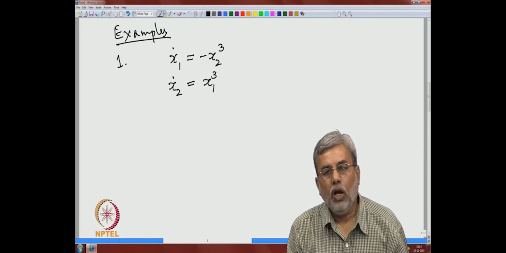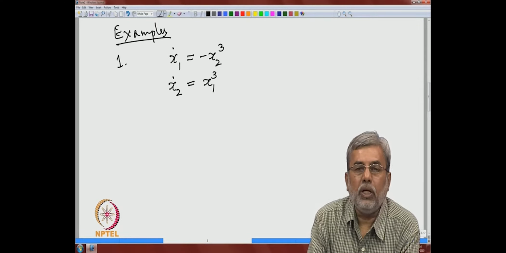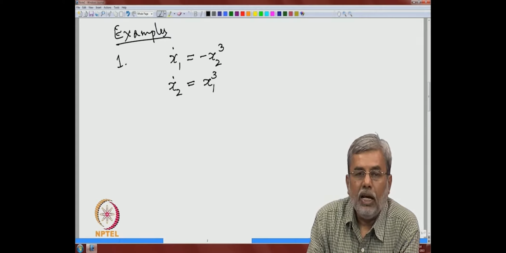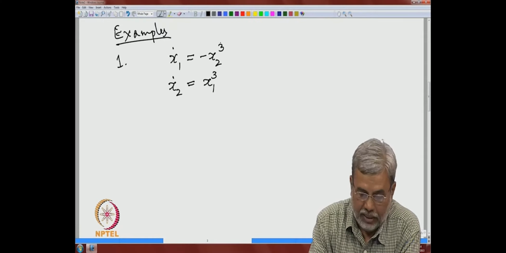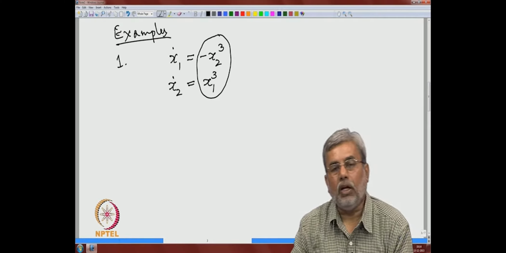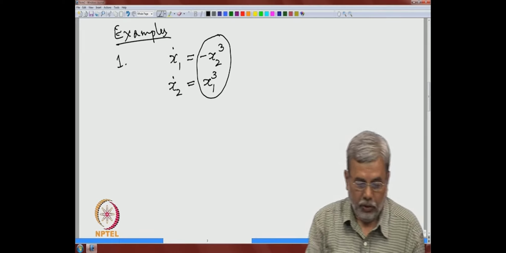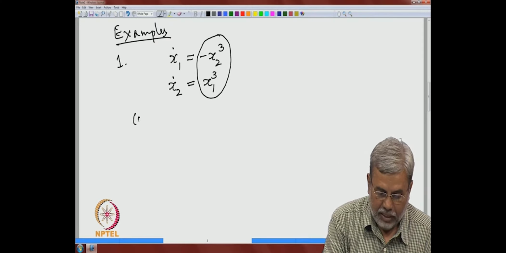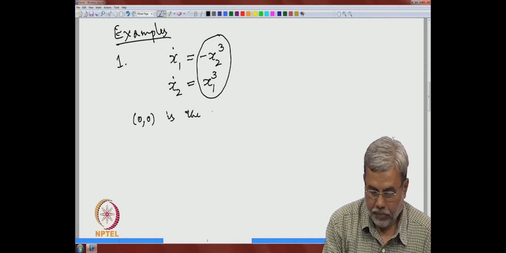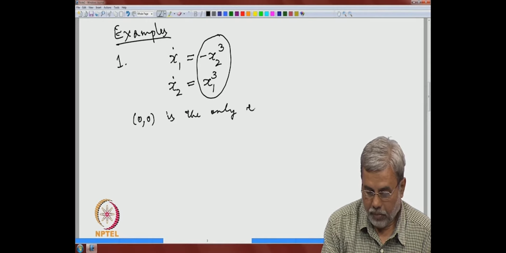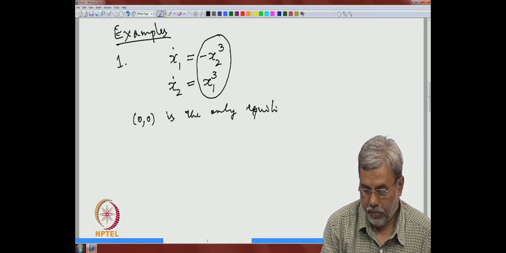It is very similar to the simple harmonic motion we have already considered, except that in the simple harmonic case these are linear, but now here we have cubic nonlinearity. You can check easily that (0, 0) is the only equilibrium point of this system.